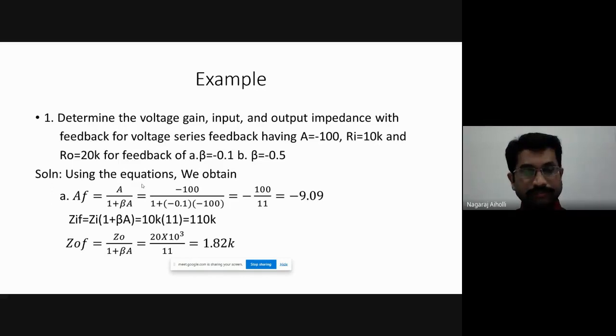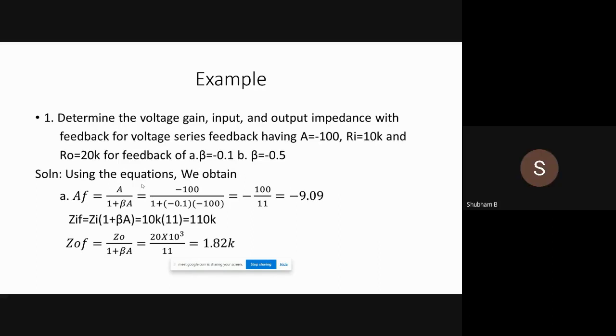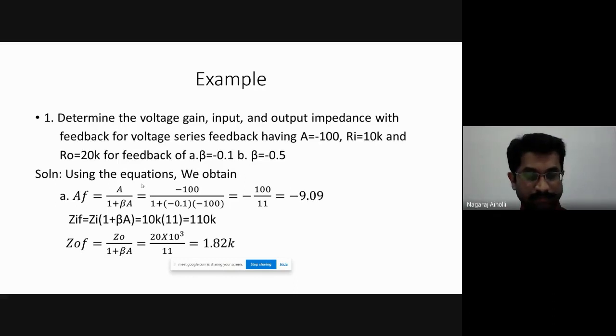How much are you getting? Sir, minus 1.96. Okay, what about ZIF?